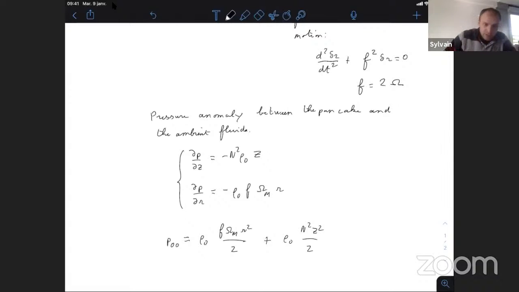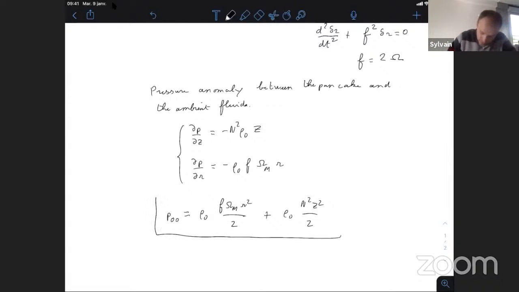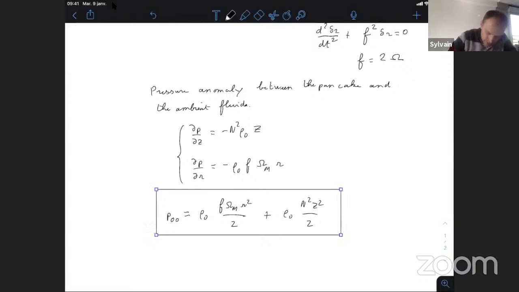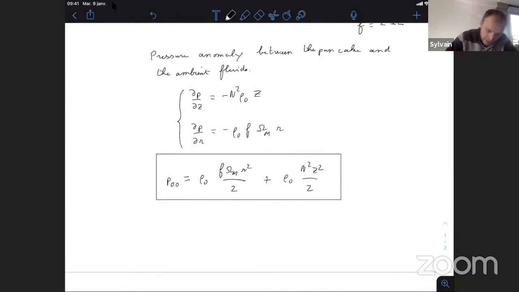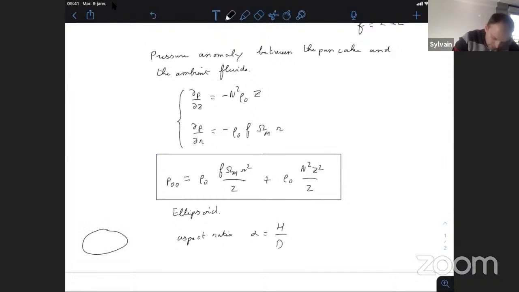That's just the result of considering stratification and rotation and looking at the hydrostatic pressure, and what you obtain is an ellipsoid, which is what is observed experimentally, with the aspect ratio alpha, which is h over d, meaning you have a pancake like that.